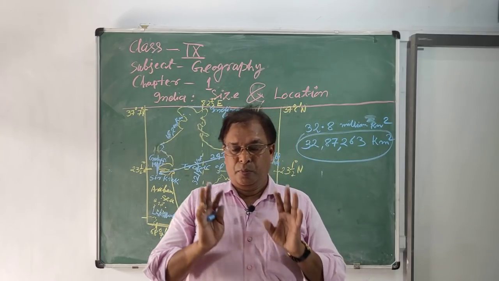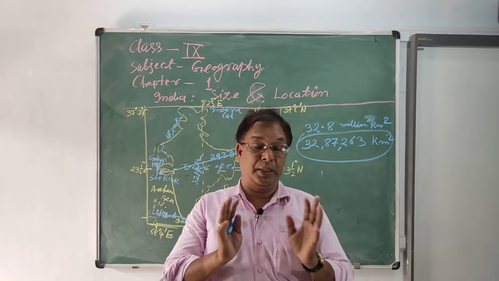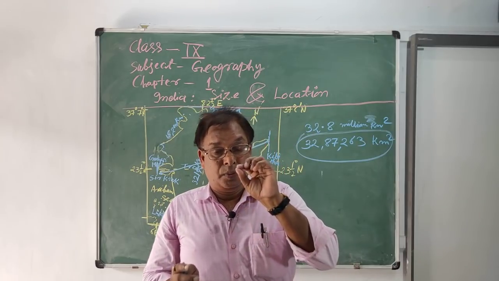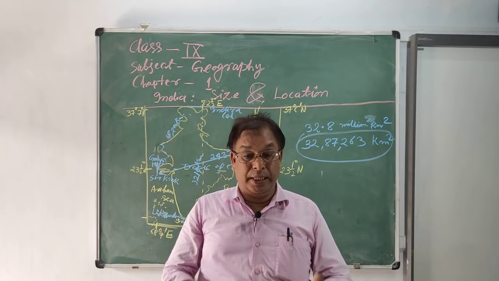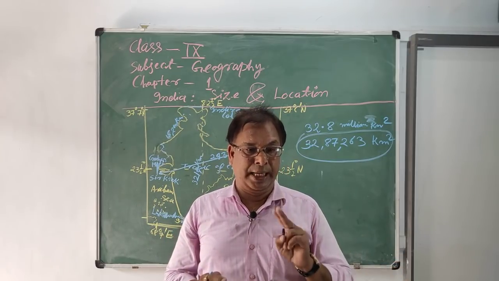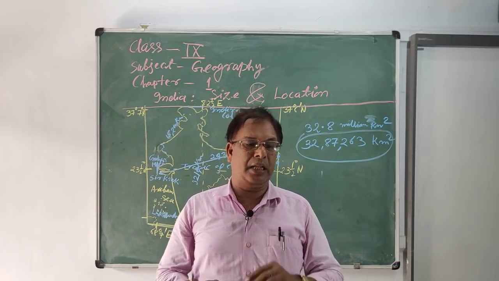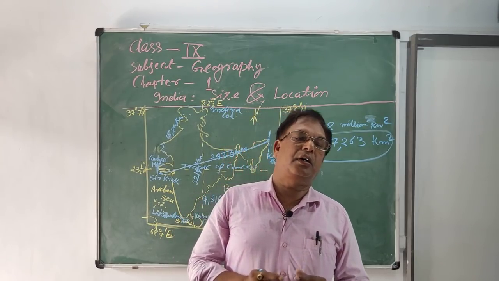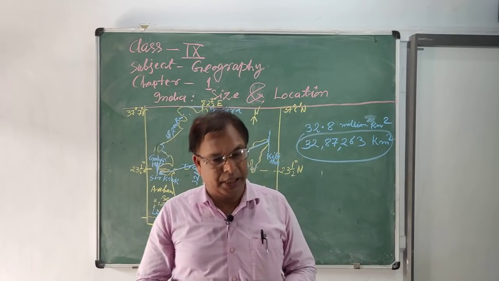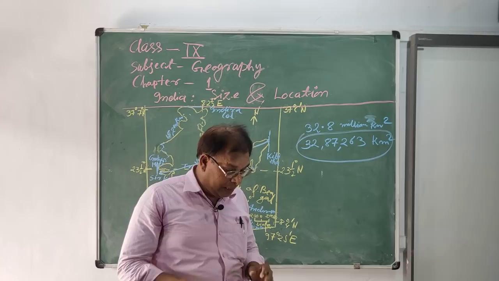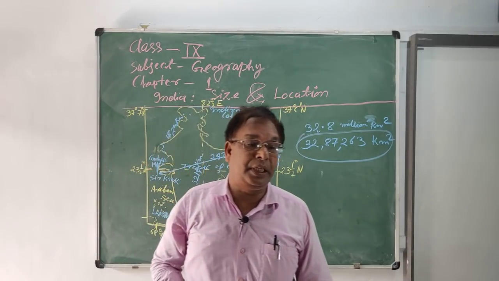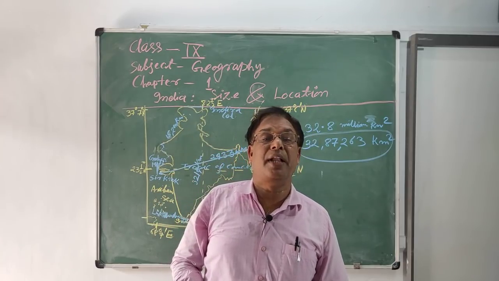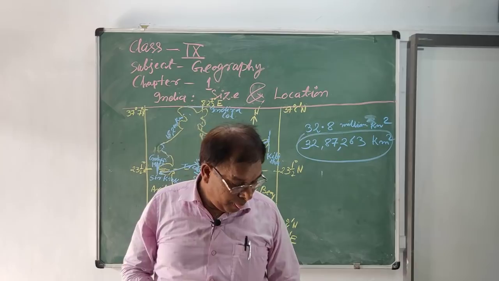So what is the position of India in the world? The 7th. And the position of India in the world according to population is 2nd, because 1 Arab and 31 crore population live here. So India is an important country, and from ancient periods it has been a civilized country in the world.